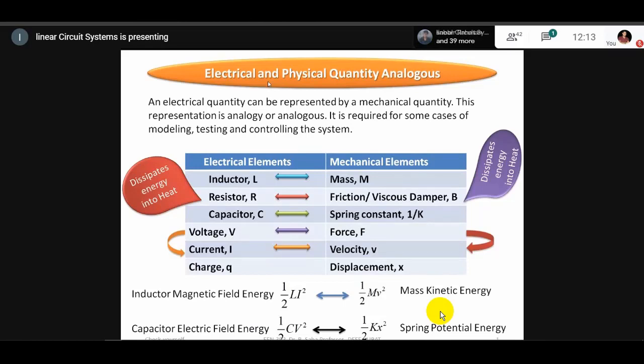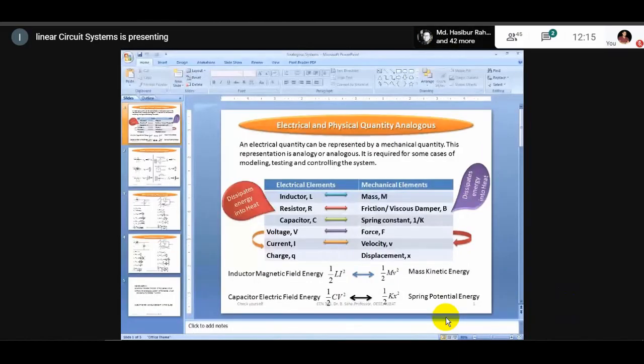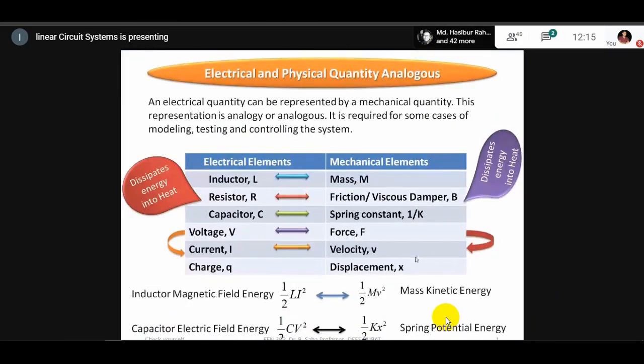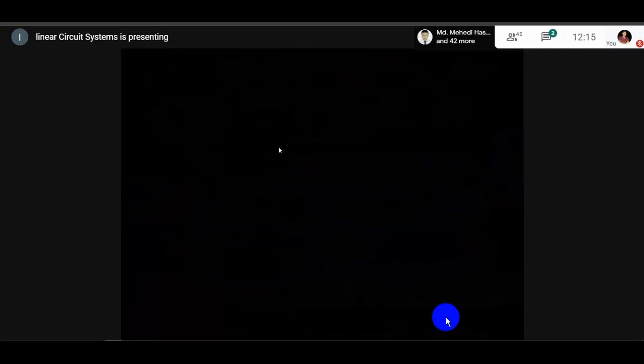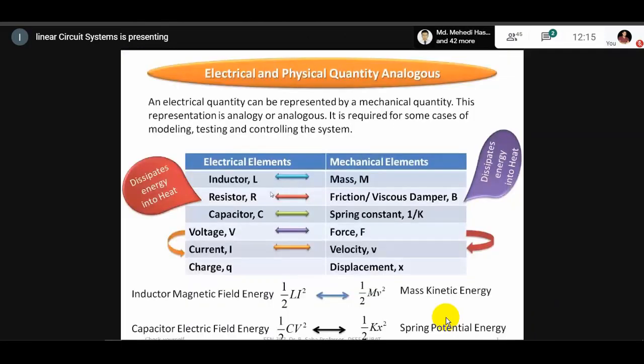Here on the slide, that is the force voltage analogy system. By definition, an analogy is a representation between mechanical and electrical systems. The first slide of the analogous system has the definition, then the relationship between mechanical elements and electrical elements, and then their energy equation.